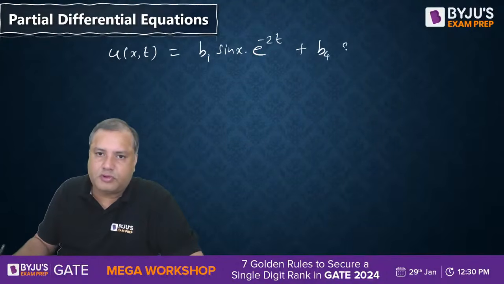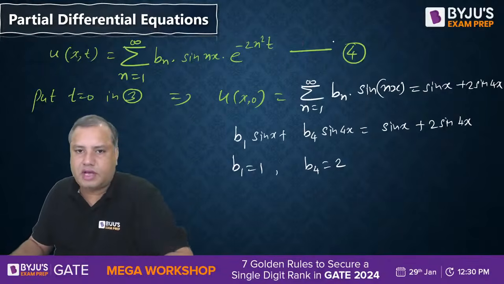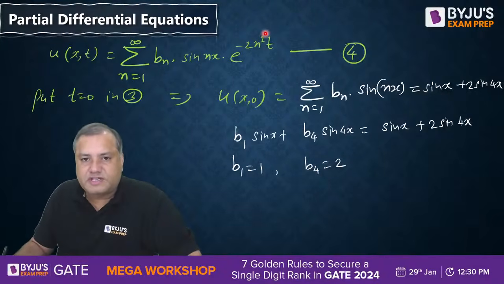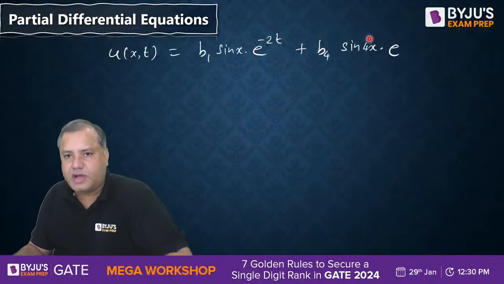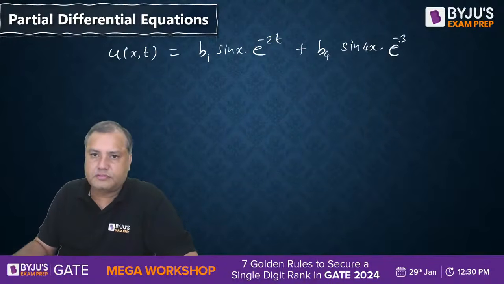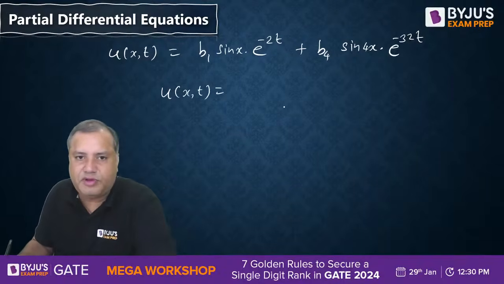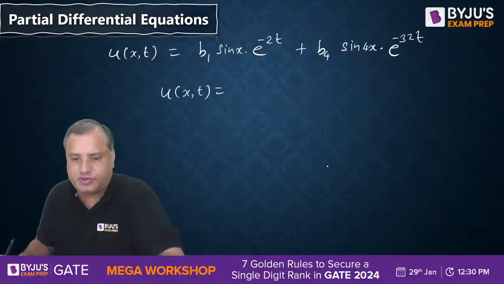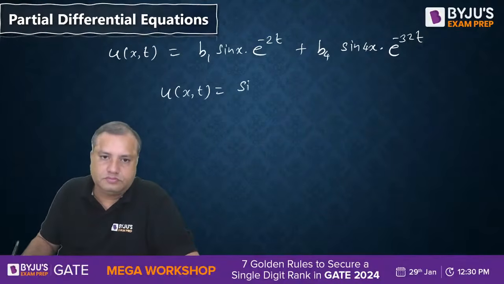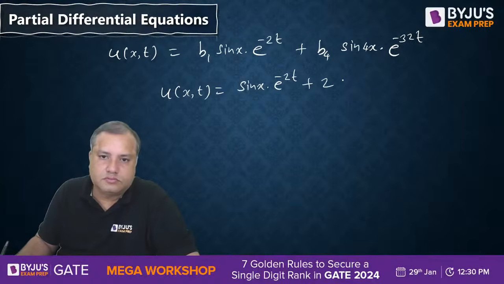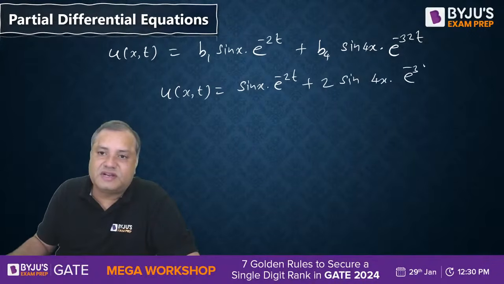Then b4 sin 4x e to the power, 4 square is 16, 16 twos are 32, minus 32t. Correct? So u of x comma t, what are b1 and b4? b1 is 1, b4 is 2. So this is the general solution.